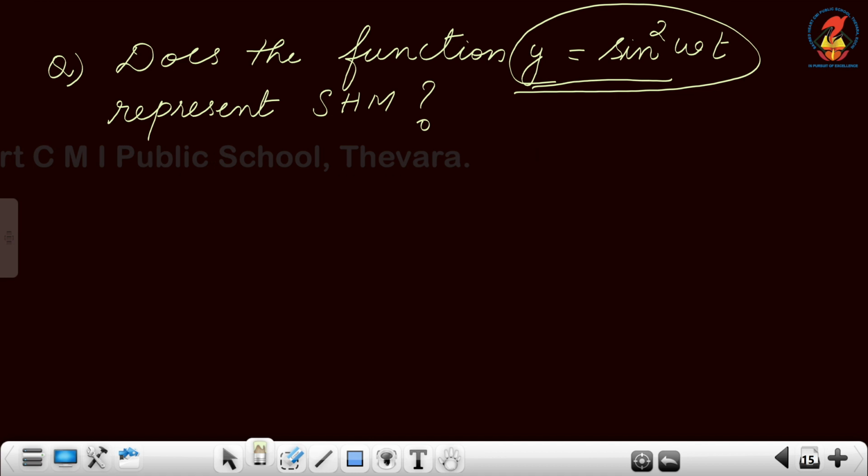Now, while defining SHM, I told you an object is said to execute simple harmonic motion if it is a to and fro motion and if the restoring force or the acceleration of the particle is directly proportional to the displacement. So, if we find out whether the acceleration of the particle is proportional to displacement, then that particular motion is said to be simple harmonic.